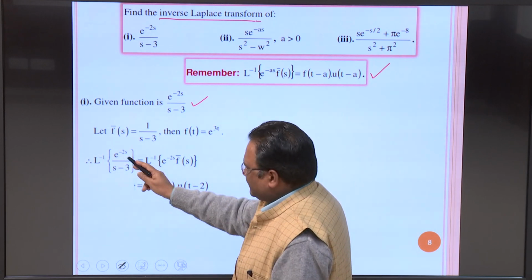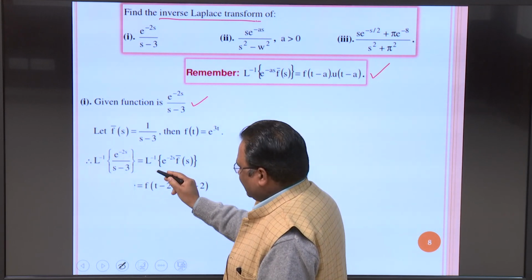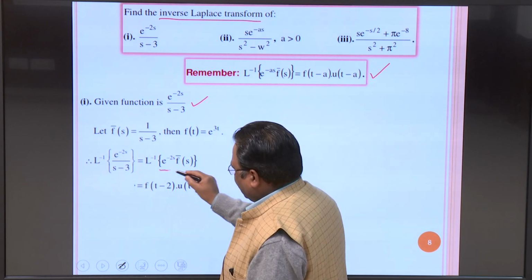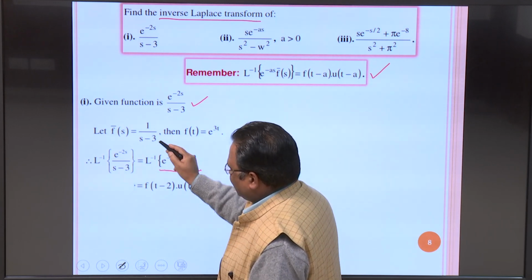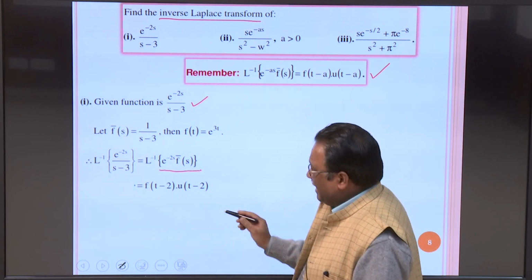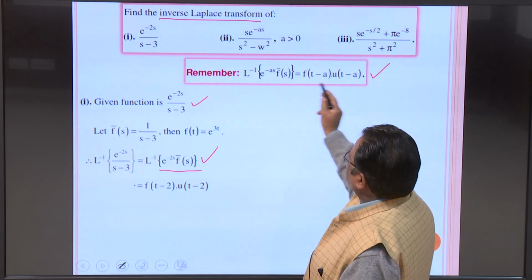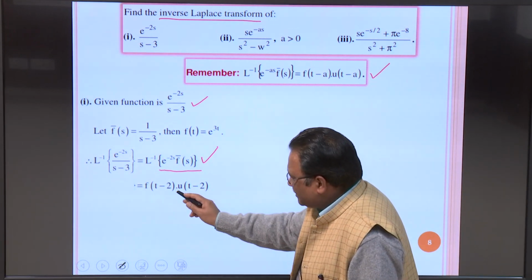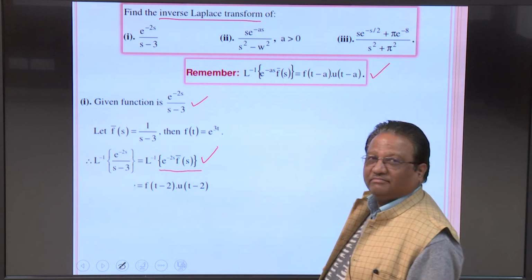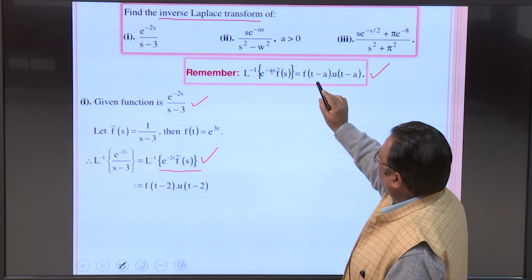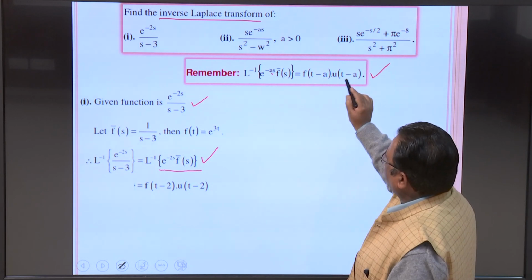अब देखिए L इनवर्स e raised to power minus 2s over s minus 3, इसमें आपने L इनवर्स और ये आपका रिजल्ट बनेगा ये, because 1 over s minus 3 is f bar s, so e raised to power minus 2s f bar s, and use this second shifting theorem, you will get f(t minus 2) u(t minus 2). Okay, ये आपको याद रखना पड़ेगा कि कैसे. A is 2, okay, f(t minus 2) and u(t minus 2).